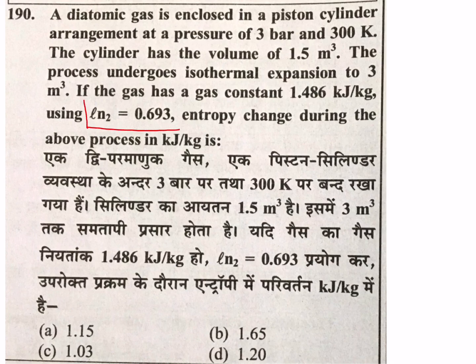This is very important. The ln2 value is also used in heat transfer, LMTD. This one is very useful. The ln2 value is 0.693, or 0.7 also you can take, no issue. Approximation.